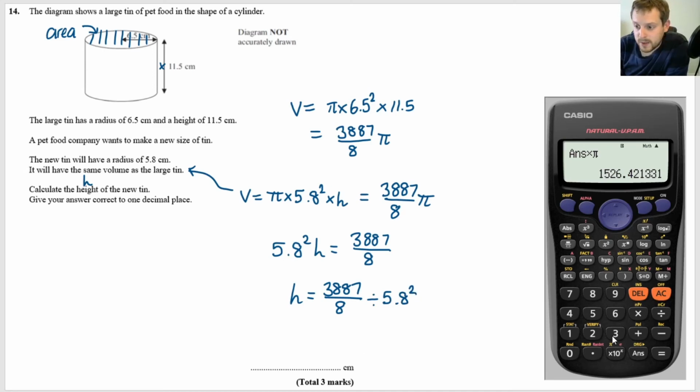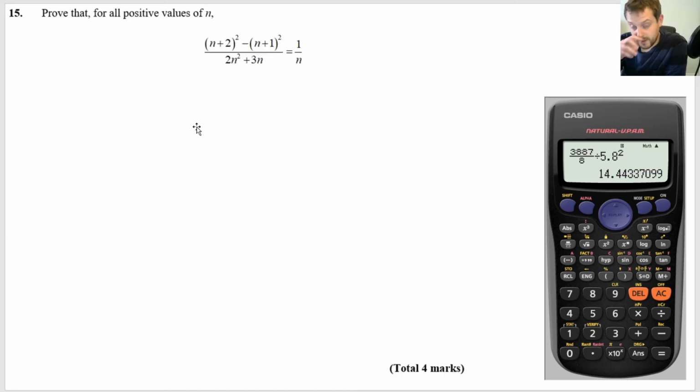So that's a job for my calculator. So 3887 over 8, divide that by 5.8 squared. And we want it to one decimal place, so 14.4. 14.4, great.